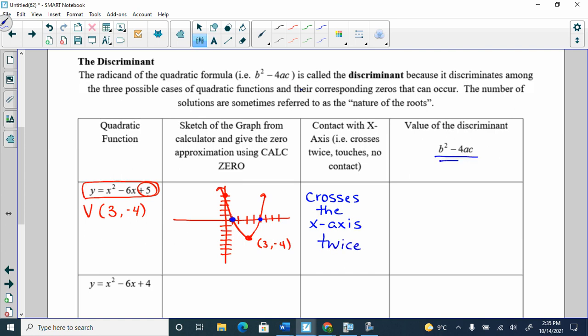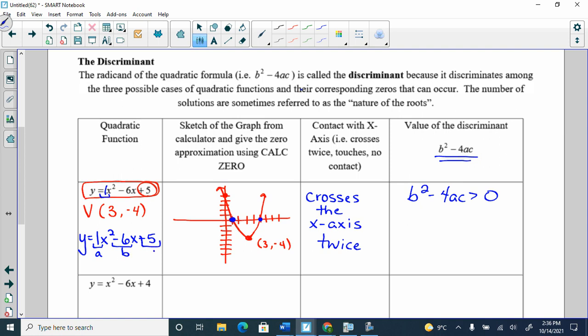So the discriminant, which is really what's underneath the square root function, what am I expecting it to be in this case? Because this crosses twice, I'm expecting b squared minus 4ac to be greater than 0. Correct? How do I find out? Well, this is my a. So if I go y equals 1x squared minus 6x plus 5, what's in front of my x squared is my a. What's in front of my x is my b.